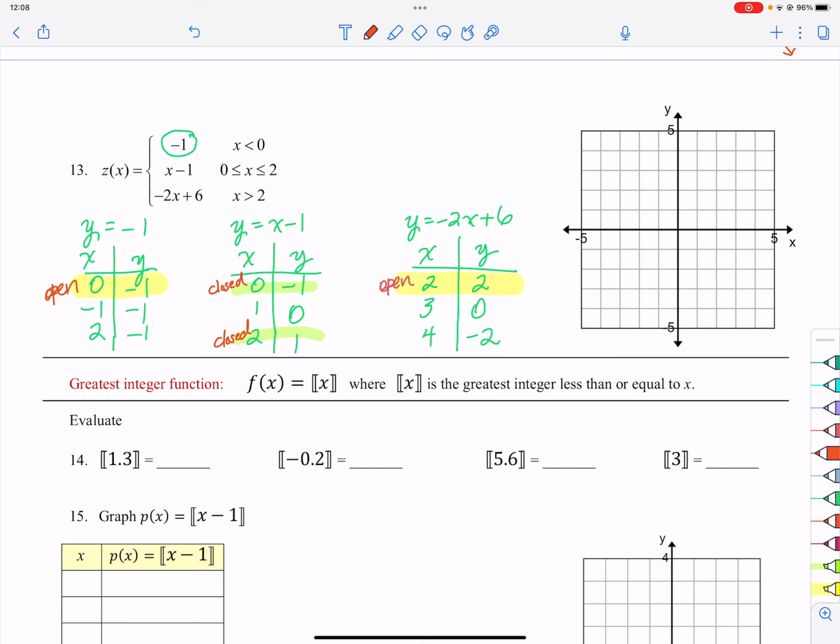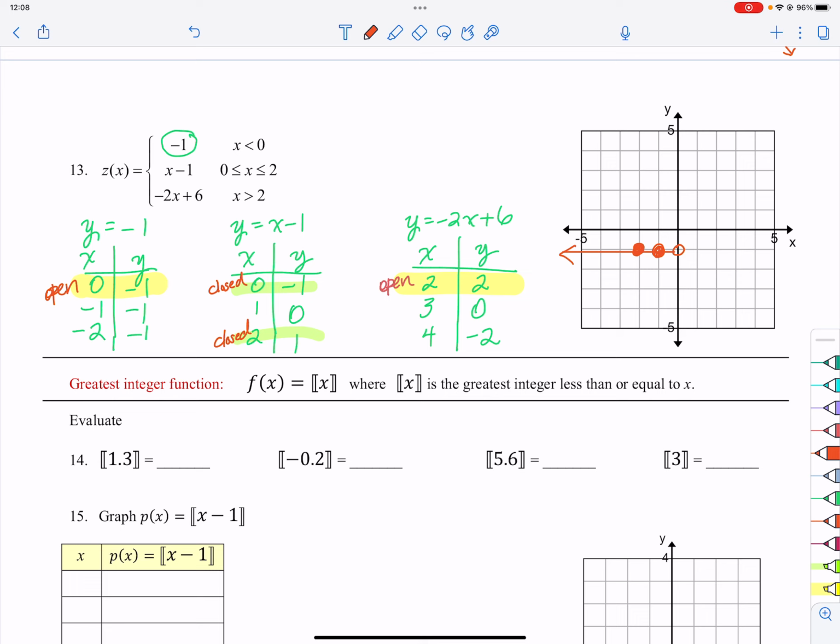We have an open point at 0, -1, -1, -1. Would that have been a -2? Yes. And here you can see that y is always -1. Okay, let's go to our next one.